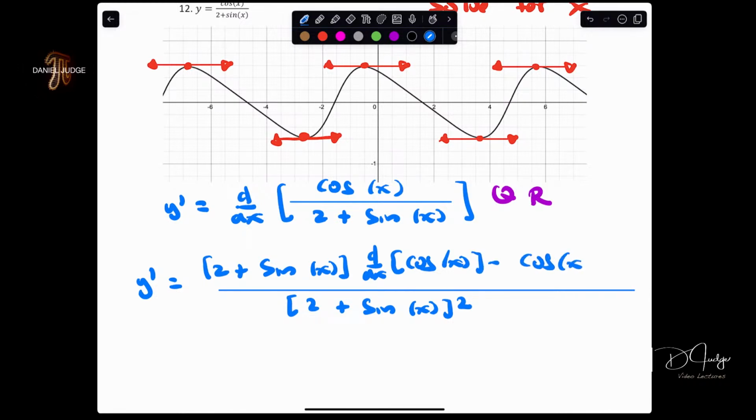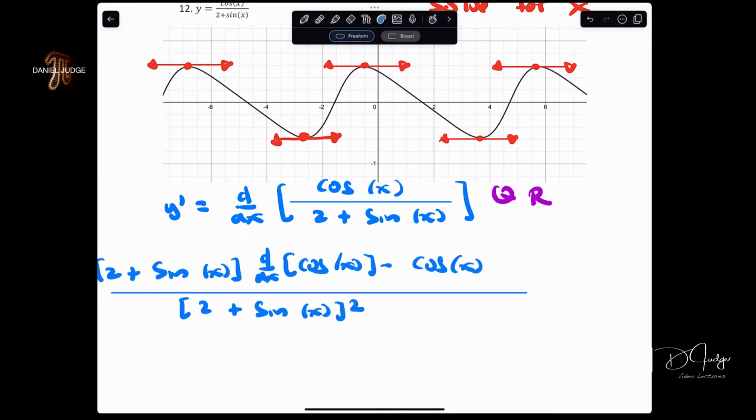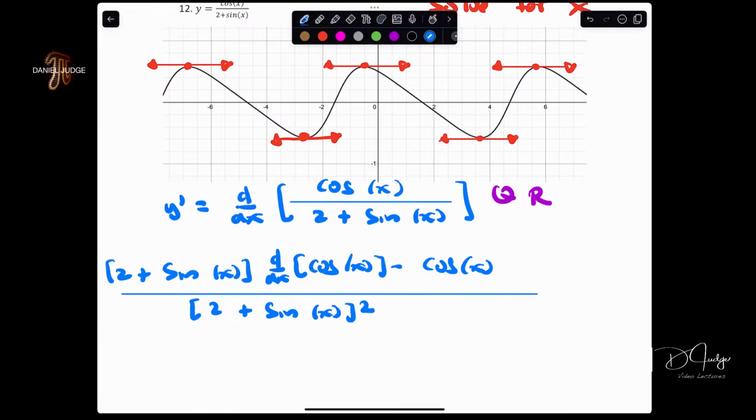Minus cosine, and let's be careful. Whenever we run out of space there, I'm going to get rid of that. I get a little nervous. Easy to make a mistake. All right, so let's not forget, I have to differentiate 2 plus sine here. Let's be careful now. So derivative of cosine is minus sine. And derivative of 2 plus sine is cosine.